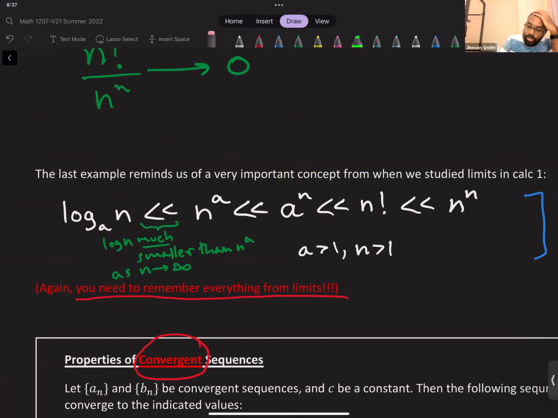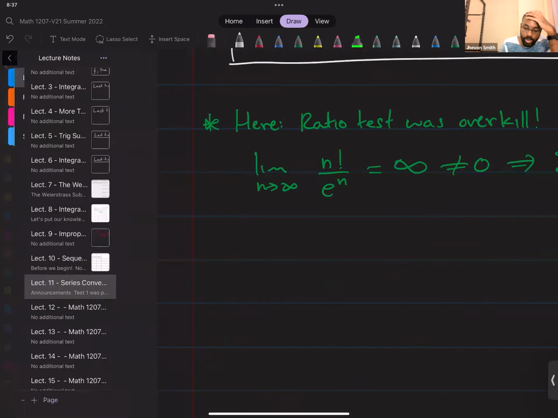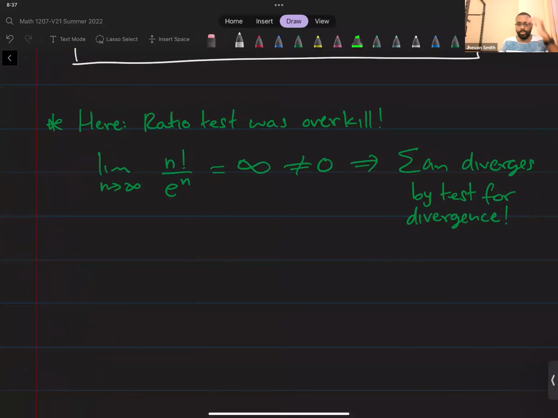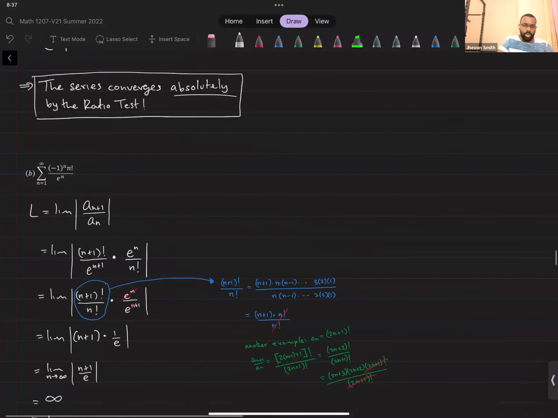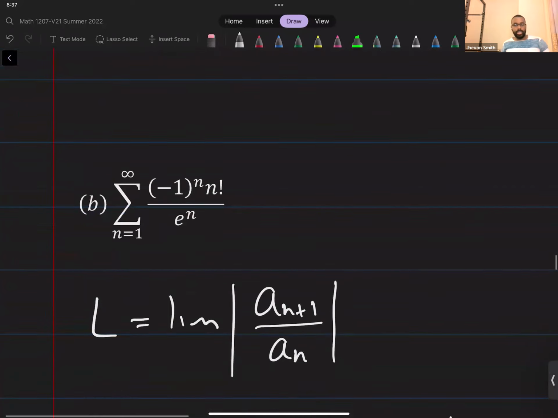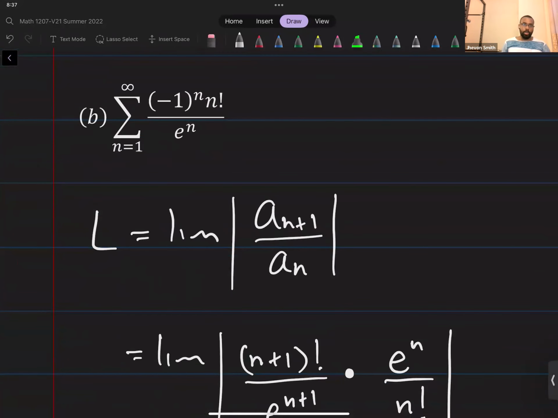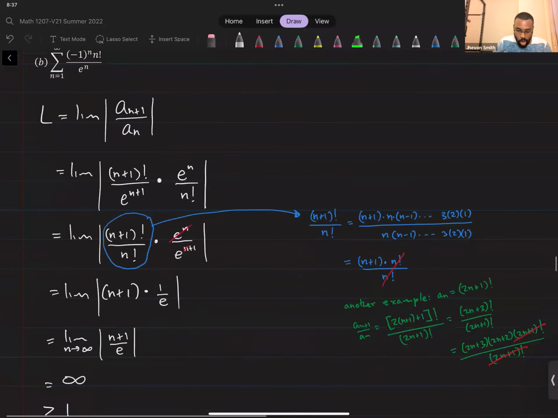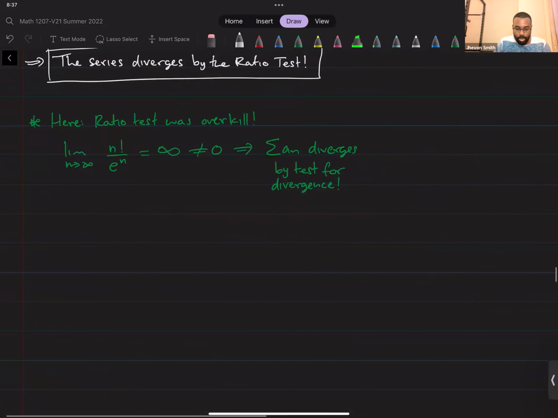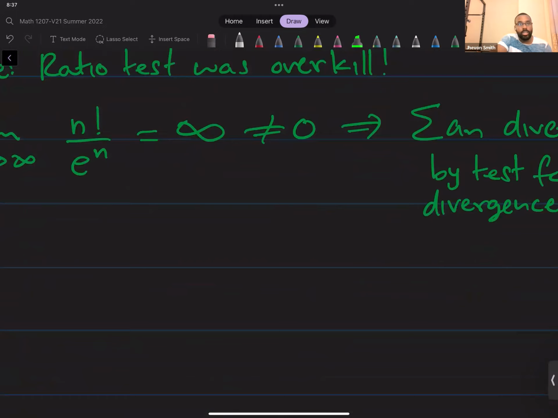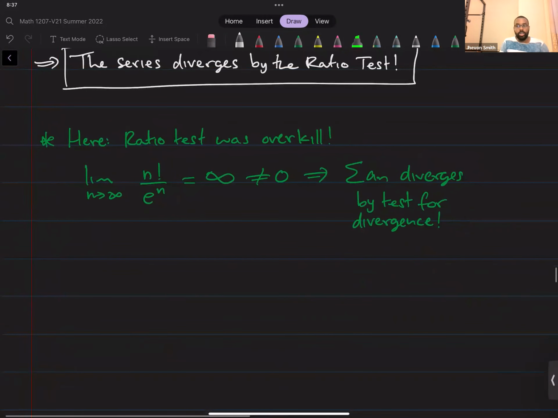So if n factorial is in the numerator and e to the n is in the denominator, that goes off to infinity. If I just gave you this series on a test, I would not do the ratio test because you'd have to go through all of this. It's actually pretty easy to see that the limit doesn't go to 0, and so you can know divergence from early on.